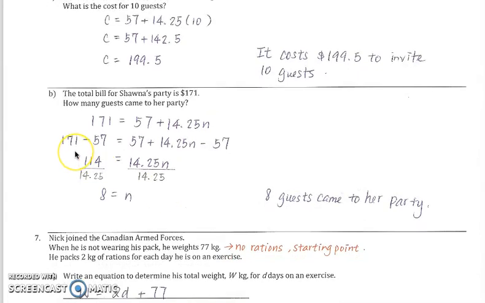Now, 171 minus 57 is 114 equals 14.25n. To find n, divide both sides of the equation by 14.25, and the final answer is 8. It means 8 guests came to Shauna's birthday party.